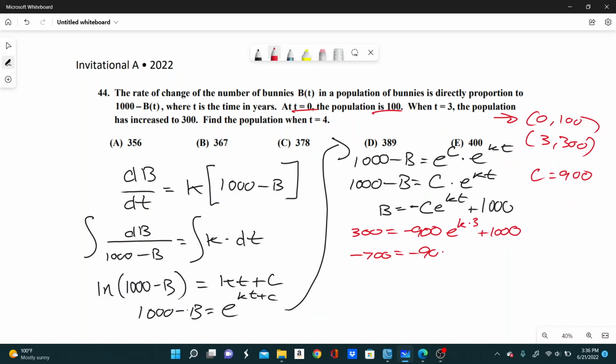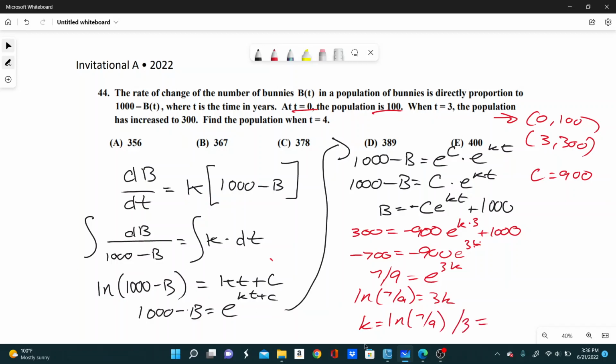And then if we divide both sides by negative 900, negative 700 divided by negative 900 is just 7/9. So 7/9 equals e to the 3k. Then we take the natural log of both sides. So natural log of 7/9 equals 3k. And to find k, just divide both sides by 3. So k equals the natural log of 7/9 all divided by 3.